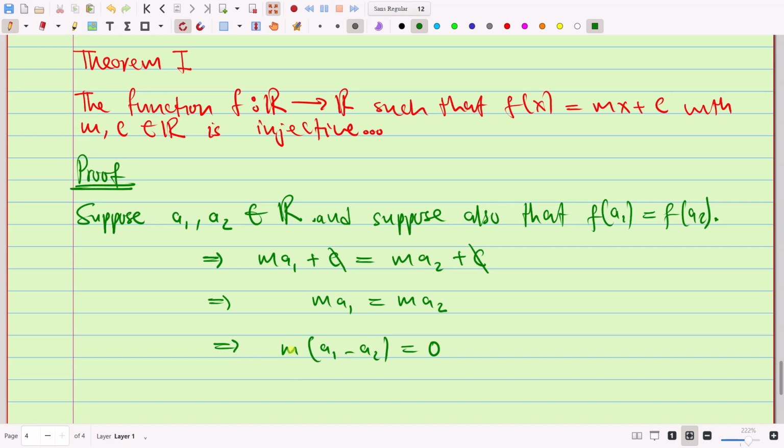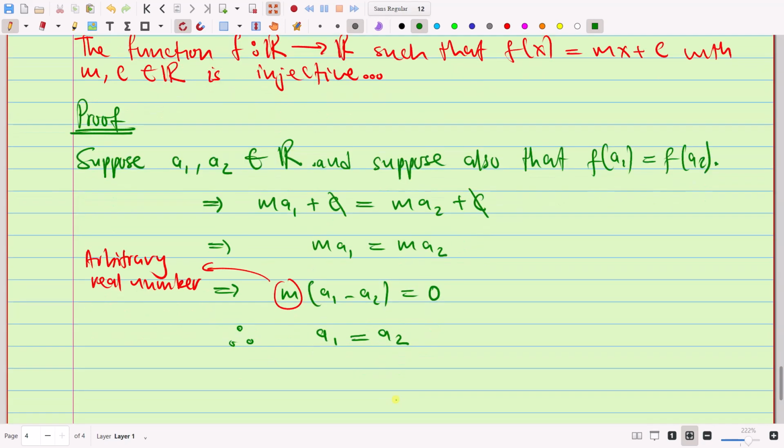So we have a product of two things equal to 0, but we know that m is just an arbitrary real number. If this result is to be true for any arbitrary real number, it then follows that A1 and A2 must be the same.